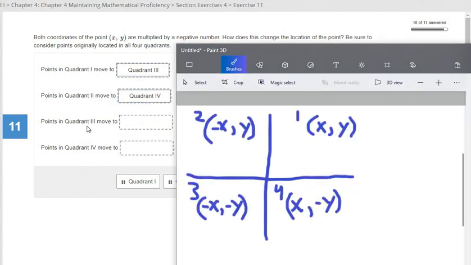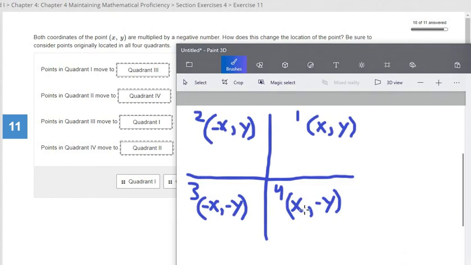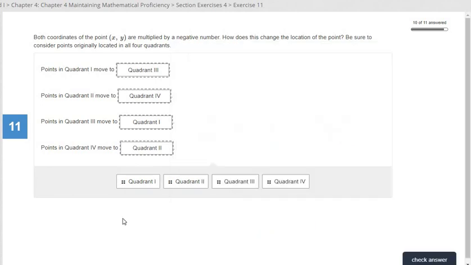This next one here will move from quadrant 3. So quadrant 3 is negative, negative, so it's going to move to quadrant 1. And then obviously this last one is quadrant 2, because if it's in quadrant 4, positive x, negative y, it will move it to negative x, positive y, which is that one there.